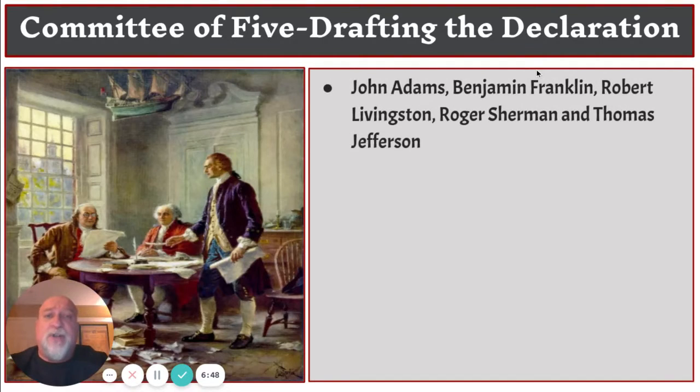We have, of course, John Adams. He's kind of the ringleader of this Committee of Five. He wanted them to get together while they're taking that month off. He is going to put together this committee. So he has Benjamin Franklin, most well-known man in all the colonies, a guy by the name of Robert Livingston, Roger Sherman.